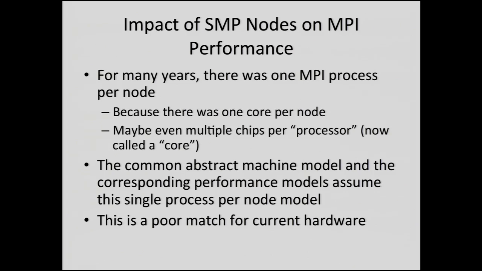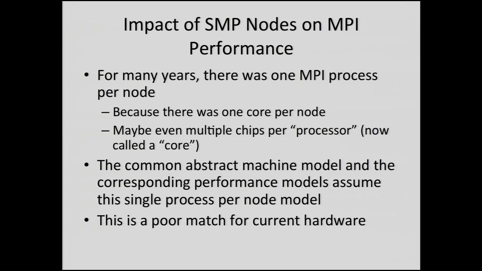Part of the problem, I mentioned this at the beginning, is we've got these SMP nodes, and they've got multiple cores. We used to call those processors before Intel redefined processor. And we typically put an MPI process on each of those cores, and we let them communicate.